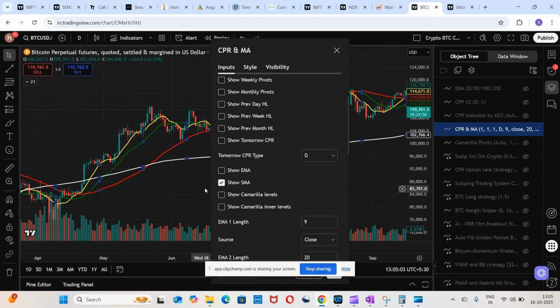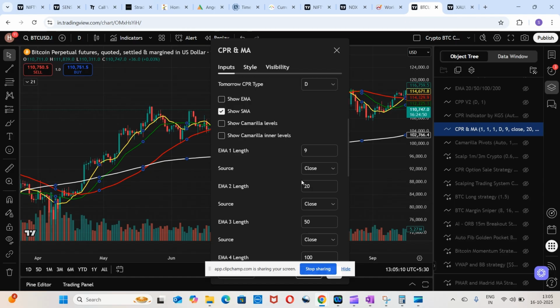We will use slow, simple moving averages also, and there are different moving averages as part of this indicator: 9, 20, 50, 100, and 200. We will use 9 and 20 for shorter time frames and crossovers, and for longer time frames we will use 100, 50 and 200 for crossovers.